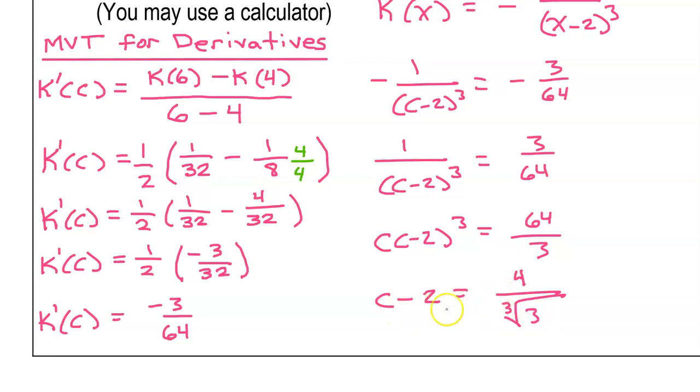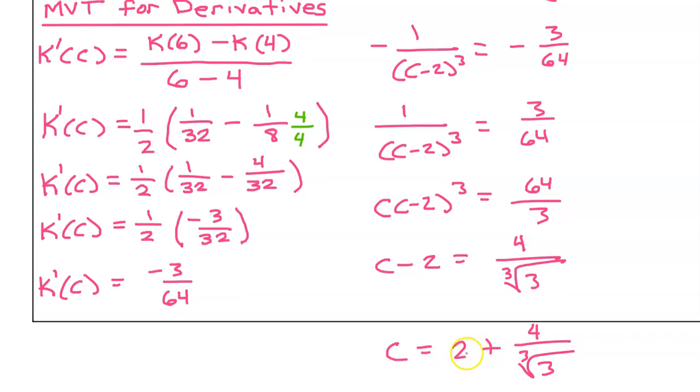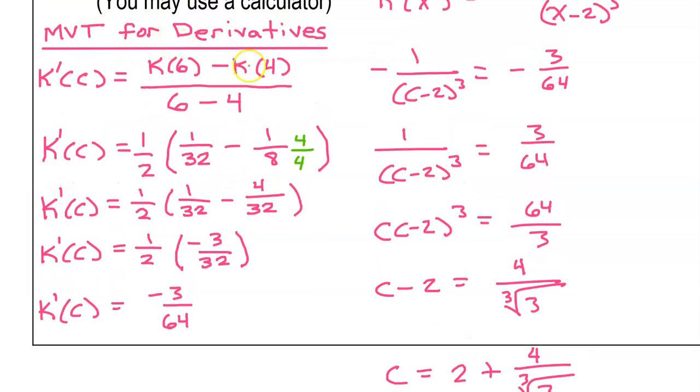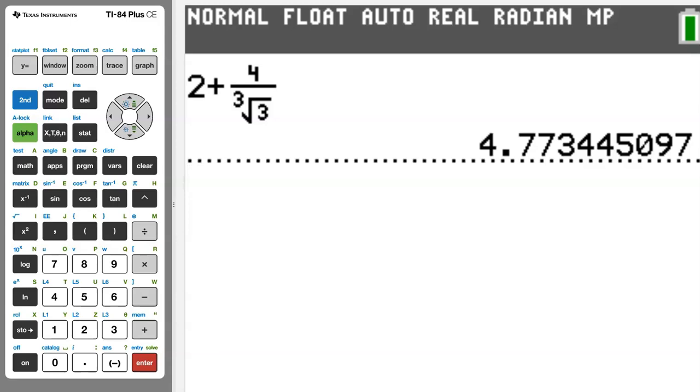Finally, adding 2 to both sides, we get c is equal to 2 plus 4 over the cube root of 3. It's a little bit ugly, but this is the value of c whose existence was guaranteed by the mean value theorem for derivatives. By the way, this is approximately equal to 4.773.